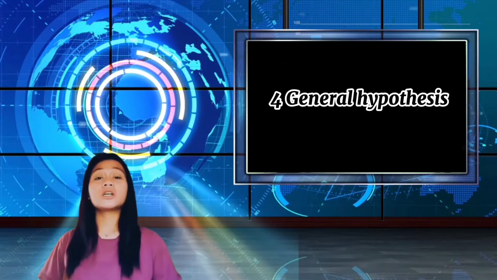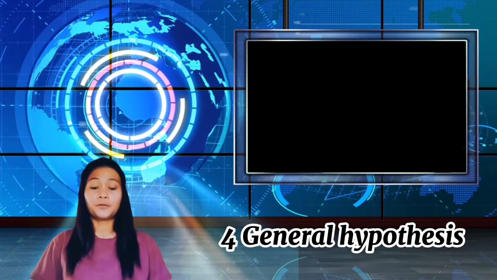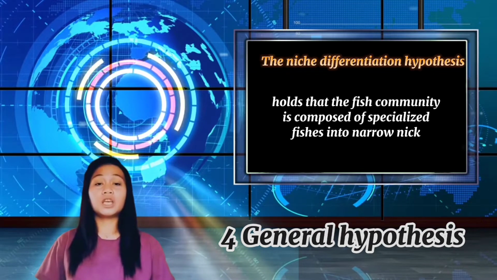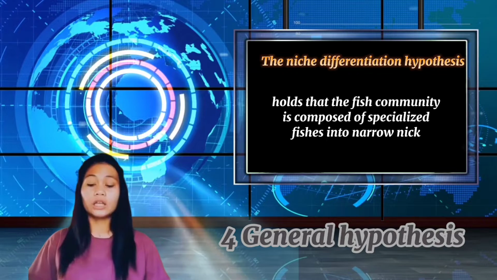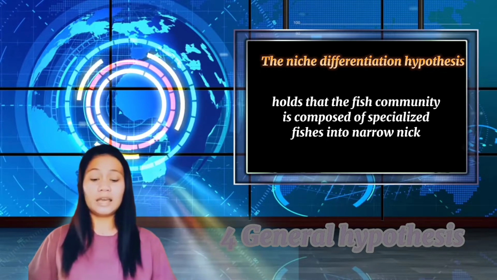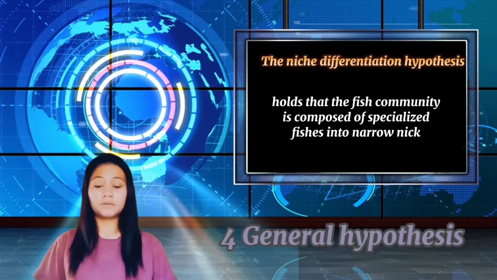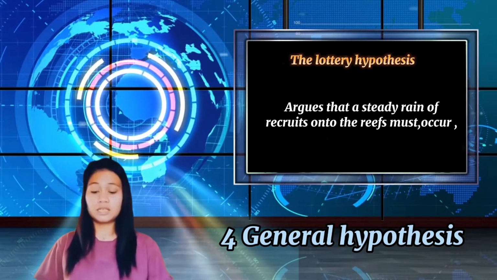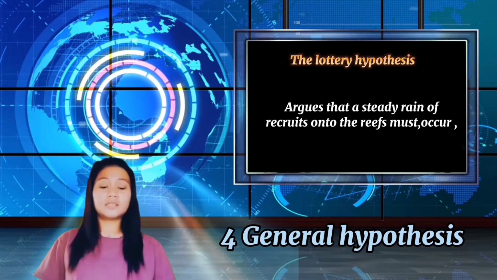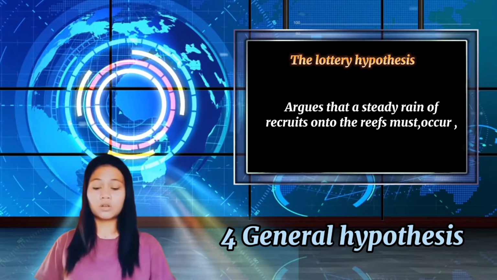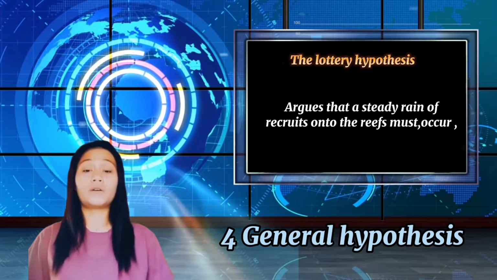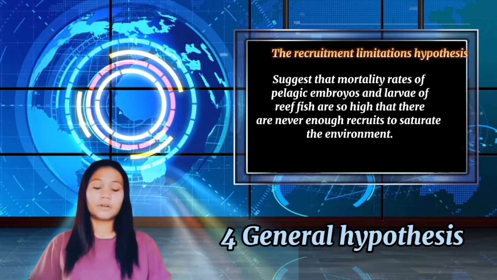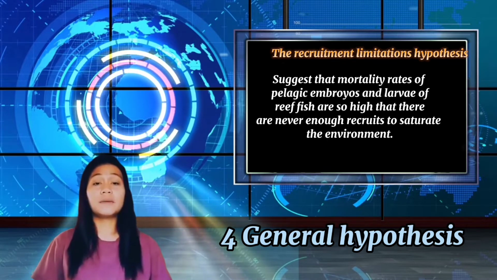There are four general hypotheses. First is the niche differentiation hypothesis. It holds that the fish community is composed of specialized fishes fitted into niches. Second is the lottery hypothesis. It argues that a steady rain of recruits onto the reefs must occur. Third is the recruitment limitation hypothesis.